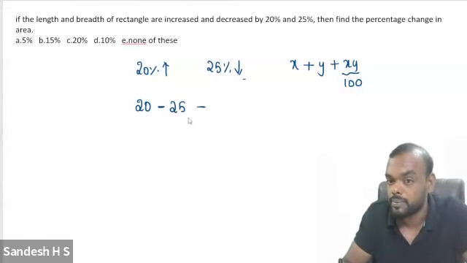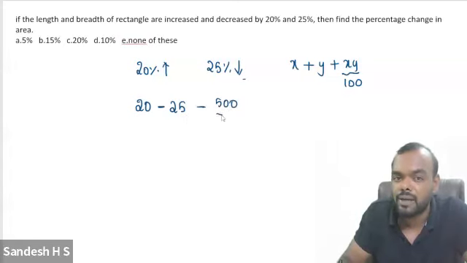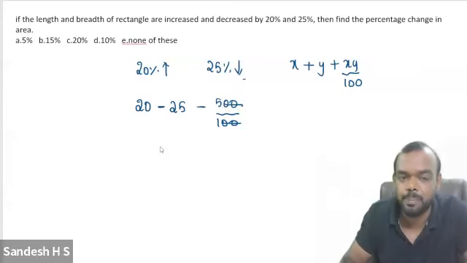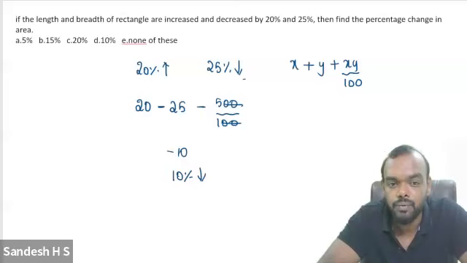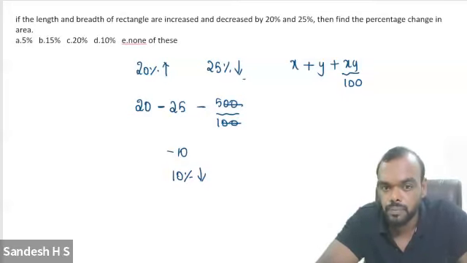So 20 into 25 is 500 divided by 100. Double zero cancel. Minus 5 plus 20 is 15, wait, minus 25 plus 20 is minus 5, and with the minus 5 from the product, the answer is 10% decrease. That's all. You have to be careful while applying the formula, guys. Am I clear with this, everybody?